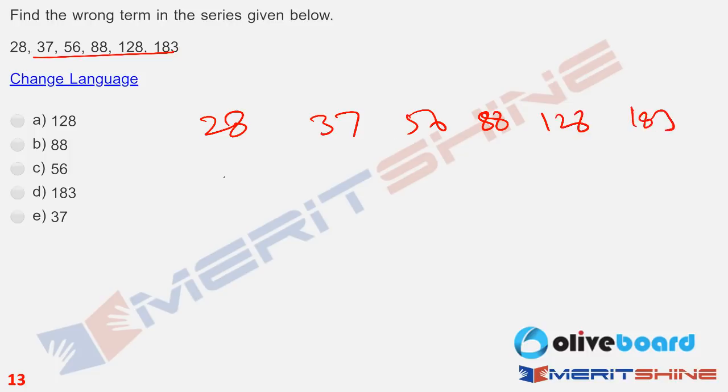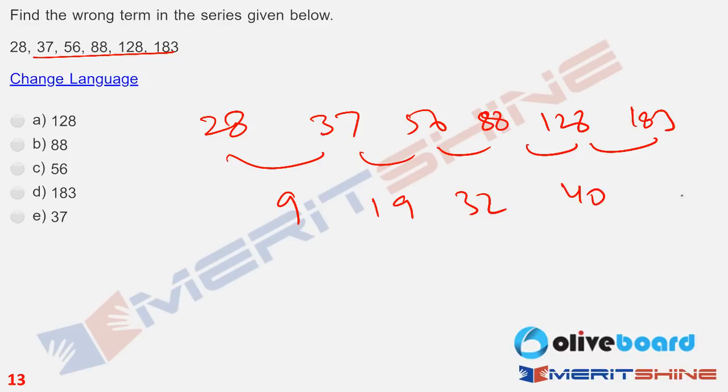Let me first try to explain what my problem is. If I do the differences here, this is 9. What I have here is 19, then I have a 32, and then if I move forward, I get a 40 here, and then I'm getting a 55, right?